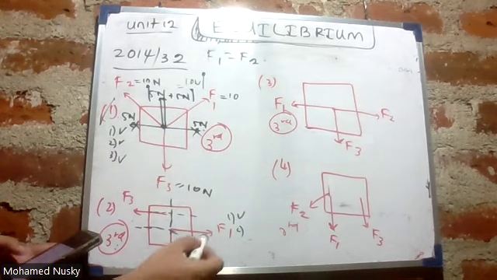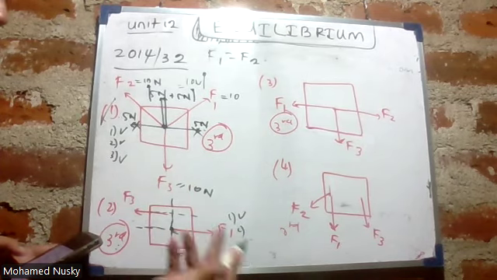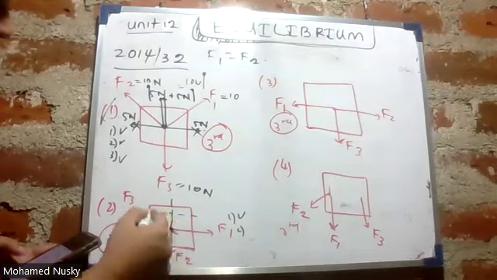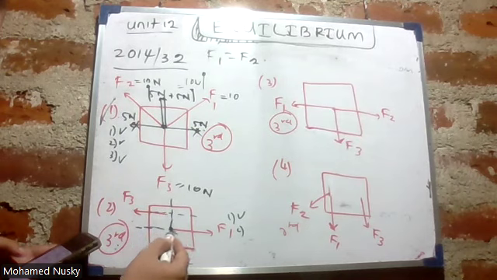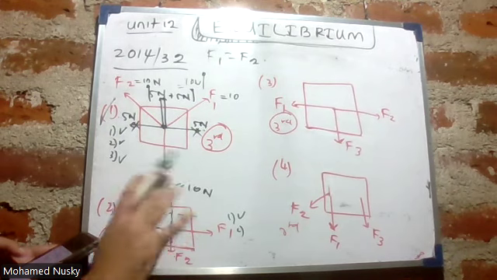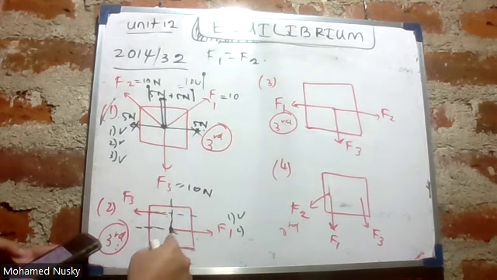Lines of action of F1 and F2 meet each other, but F3 does not meet at this point. Therefore, F1, F2, F3 will not meet at the same point.